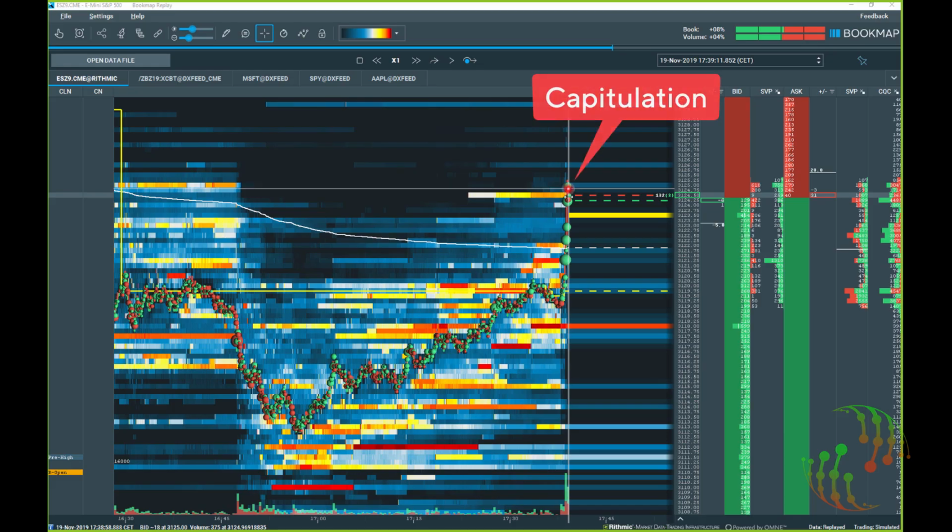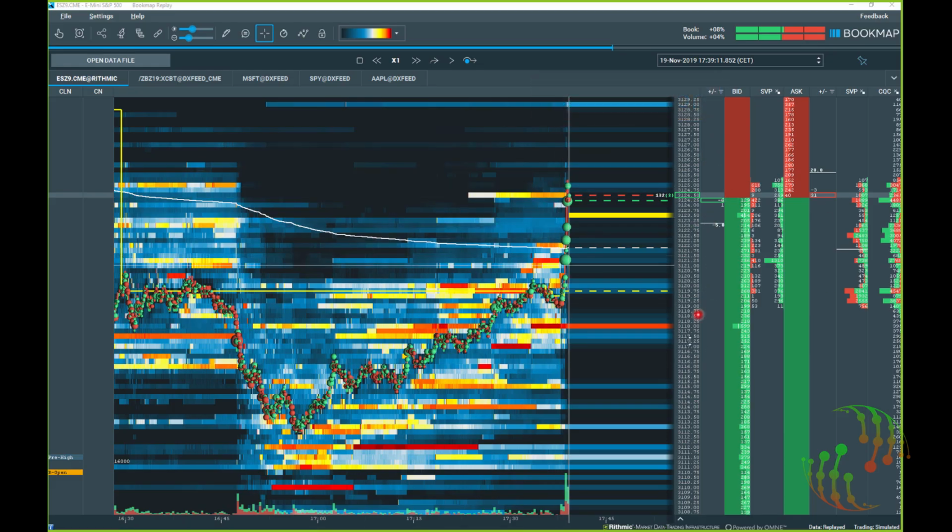My best explanation, I also call it a capitulation. What we are seeing here in every market, let's take this ES market or whatever market, share market for example, we see only part of the contracts or shares in the market.